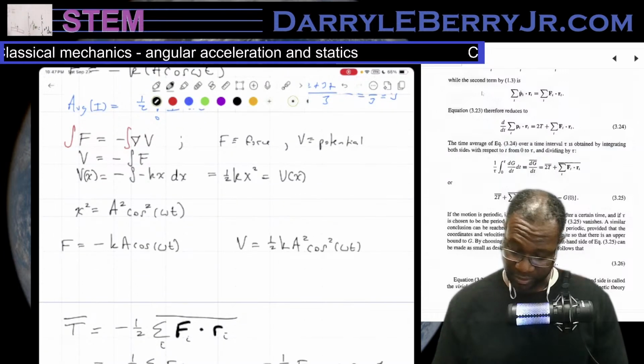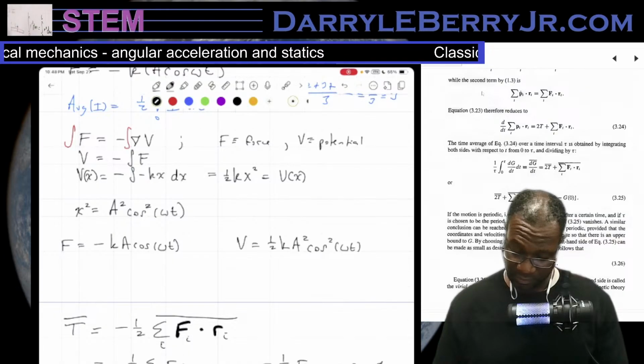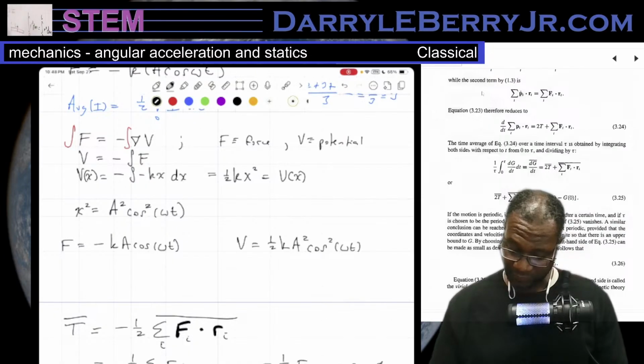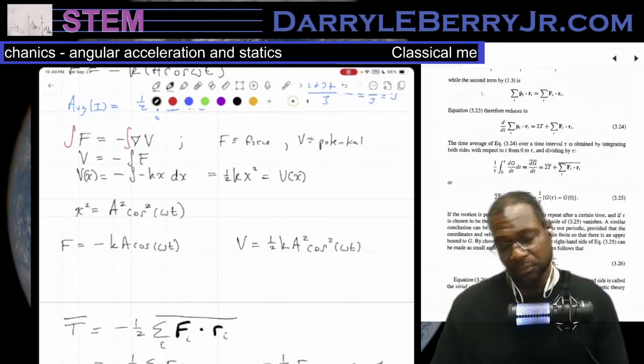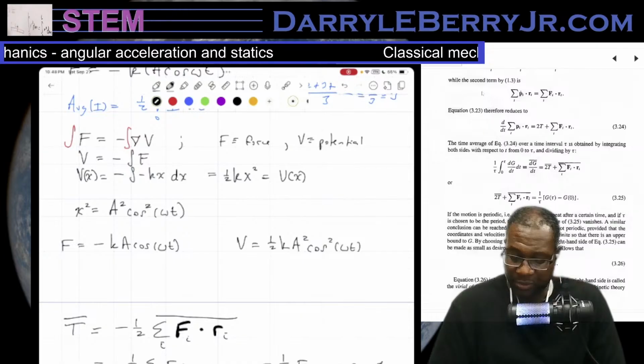Why don't I write this completely? So that means we have 1/2, and I believe this would be, would that be a unit vector?